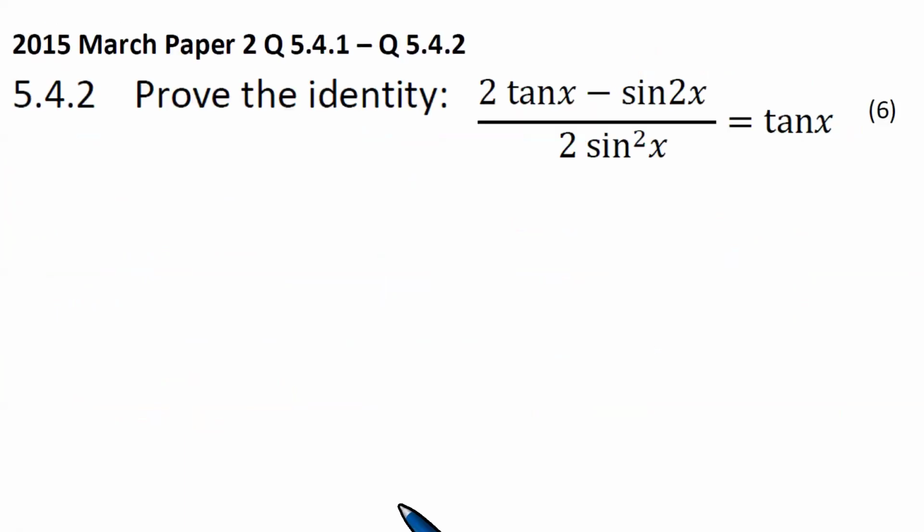Right, now we need to prove this particular identity. How do we prove this identity? To prove it, you take a side.